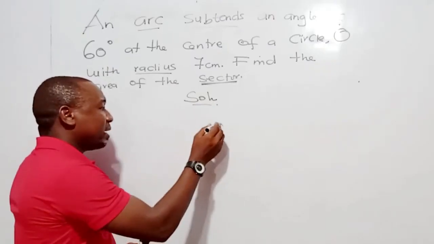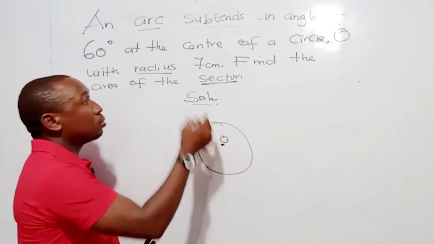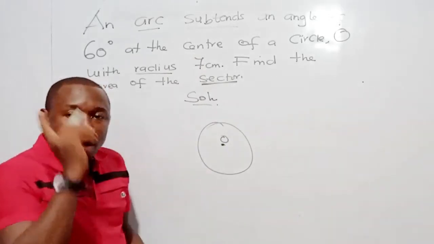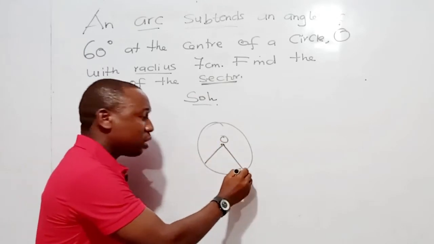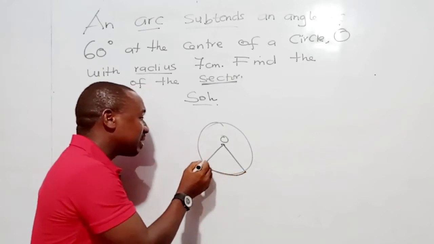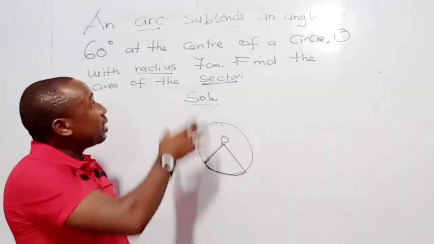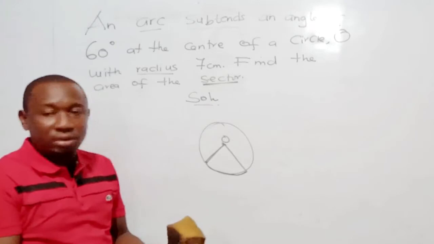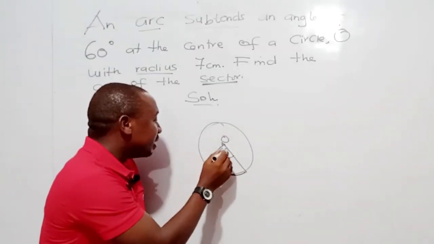So by drawing the circle like this, with the center O, what the question is saying is that radii, two radius here, and an arc will give us a sector. So this has given us a sector. And the question says that an arc subtends an angle of 60 degrees at the center of the circle. So here is 60 degrees.